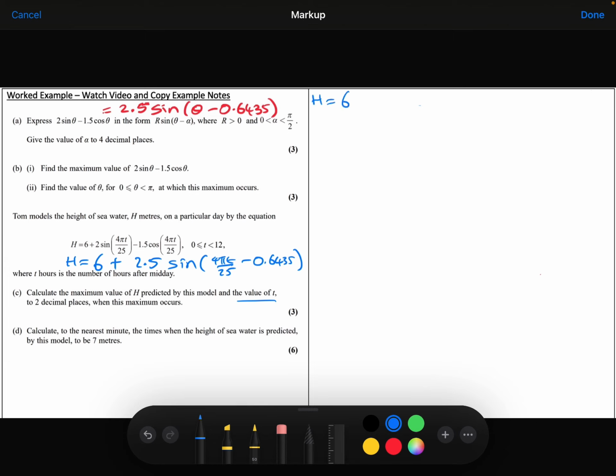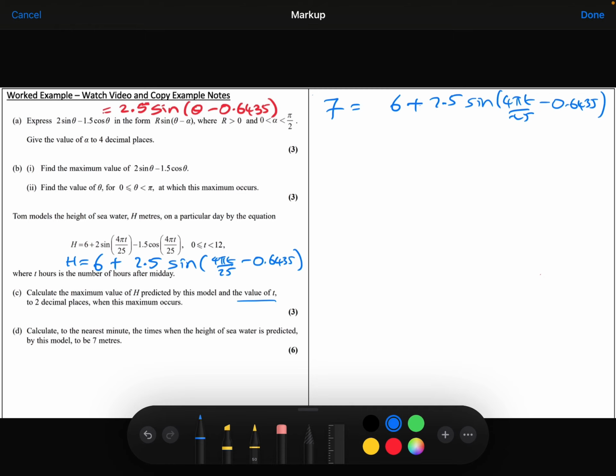The model was h equals 6 plus 2.5 sine of 4 pi t over 25 minus 0.6435. So if the height's going to be 7, let me replace the height with 7. And I've got this equation to solve.